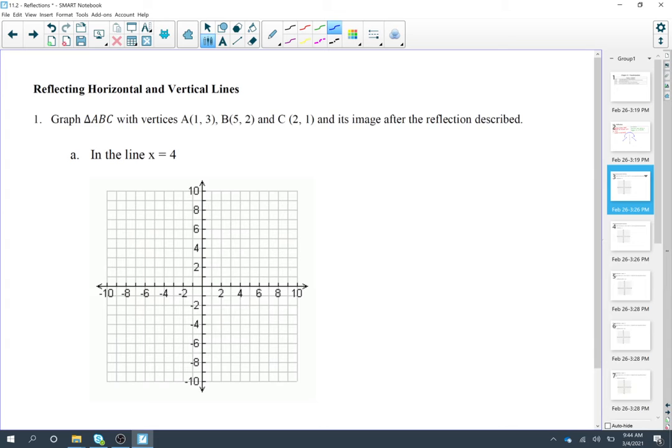Reflecting horizontal and vertical lines. Number 1, graph triangle ABC with the vertices given and its image after the reflection described. So A, B, C. A is at 1, 3. B is at 5, 2.